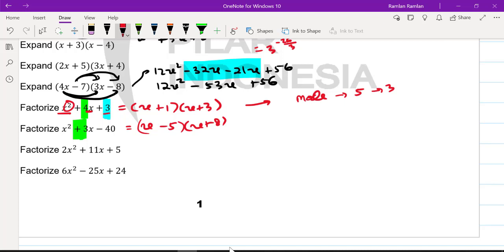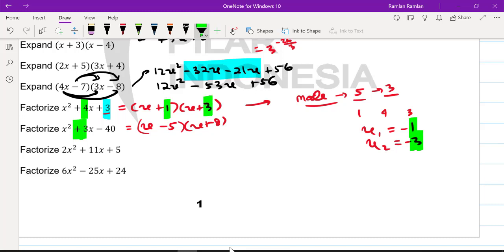So for this question, after you go to mode, 5 and 3, just input 1 and then press equal, and then 4 and then equal again, and then 3 and then equal again. You will get x1, which is -1, and then press equal again and you will get x2 equals -3. As you can see, this number here represents these two numbers, right?